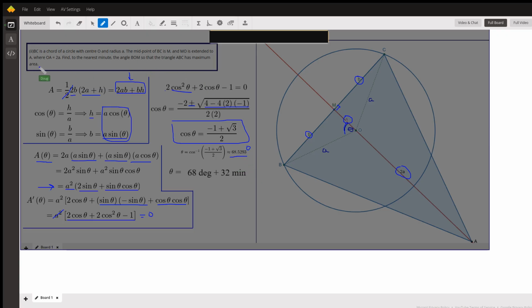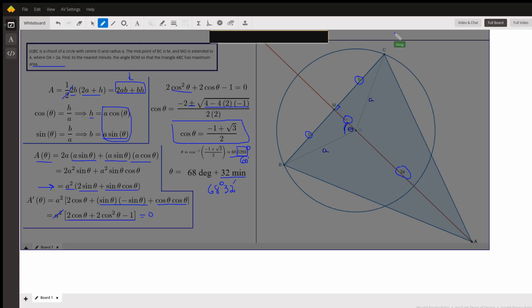They ask for the nearest minute, so we have to multiply 0.5293 times 60 minutes, which rounds off to about 32 minutes. So 68 degrees, 32 minutes approximately. That angle maximizes the area of that triangle.